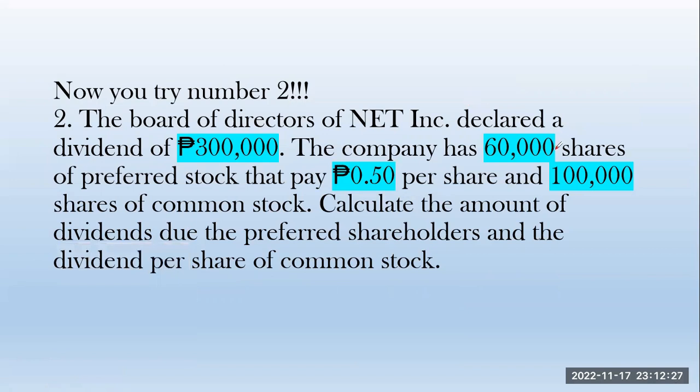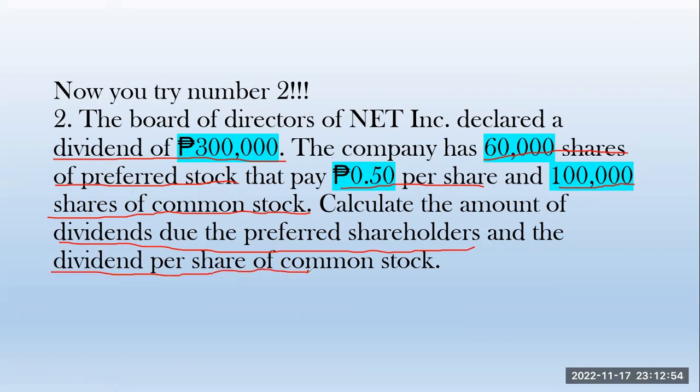Okay, so given shares niya is 60,000, that's for the preferred stock, and then 0.50 per share. Tapos 100,000 shares for common stock.